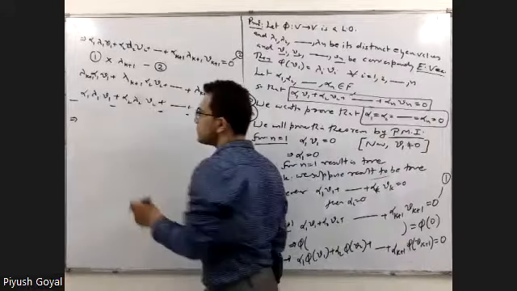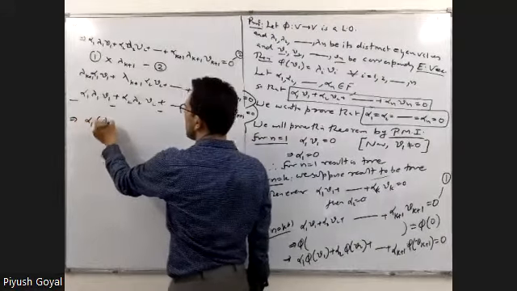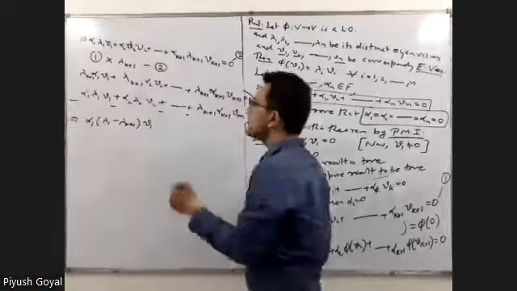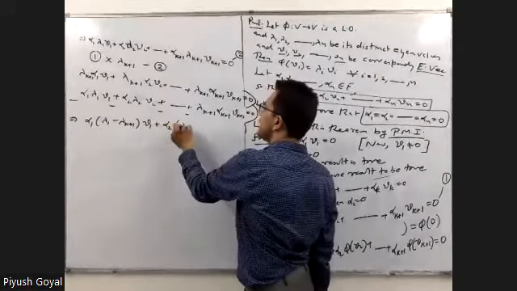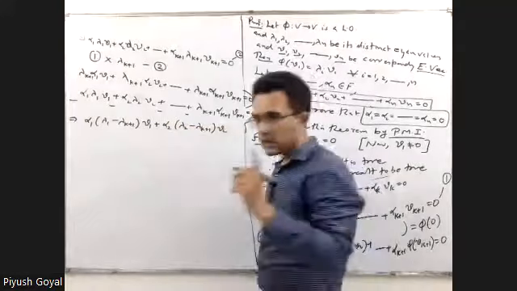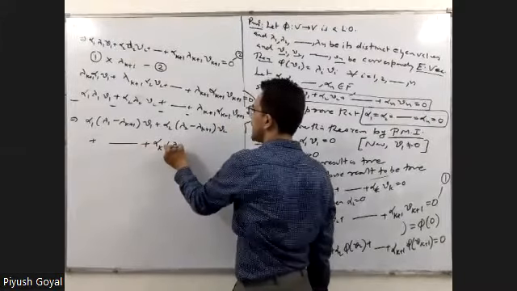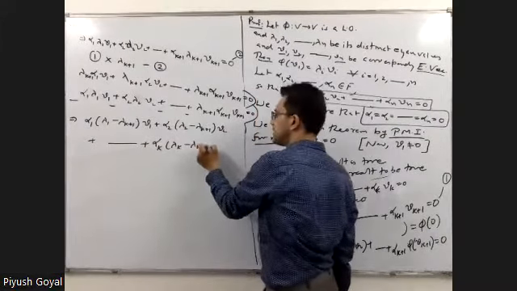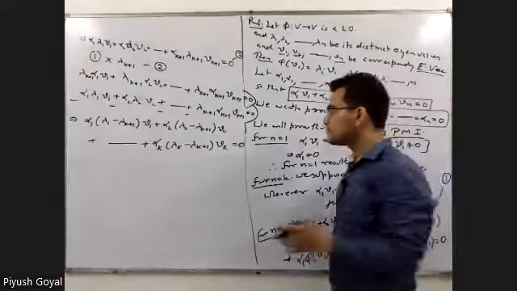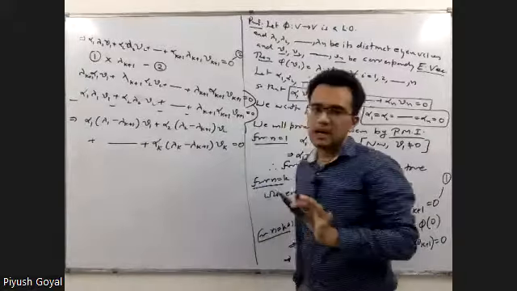It will become alpha 1 times lambda 1 minus lambda k plus 1 times v1, then alpha 2 times lambda 2 minus lambda k plus 1 times v2, then up to so on alpha k times lambda k minus lambda k plus 1 times vk is equal to 0. I hope this thing is clear to you. This last term is getting cancelled, all other things are as they are.